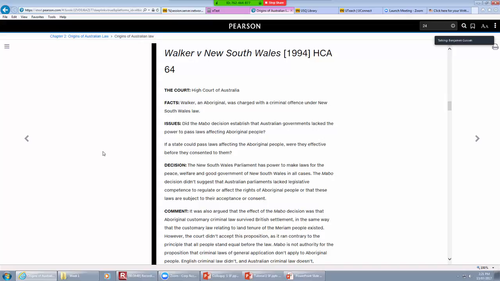Okay? So in this decision, the decision says the New South Wales Parliament has the power to make laws for the peace, welfare and good government of New South Wales in all cases. The Mabo decision didn't suggest that Australian parliaments lacked legislative competence to regulate or affect the rights of Aboriginal people, or that these laws are subject to their acceptance or consent.